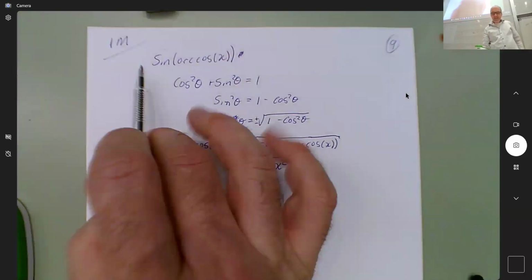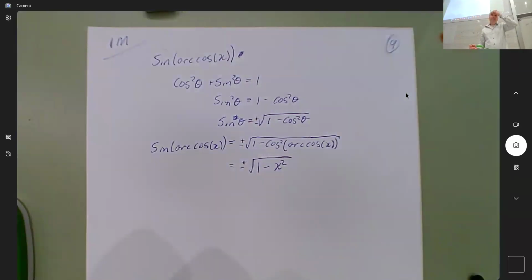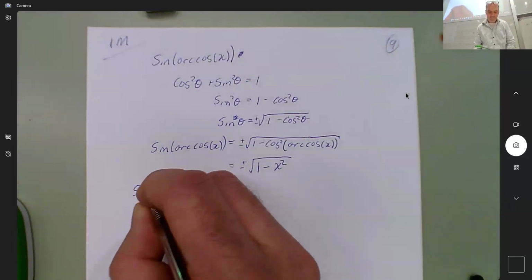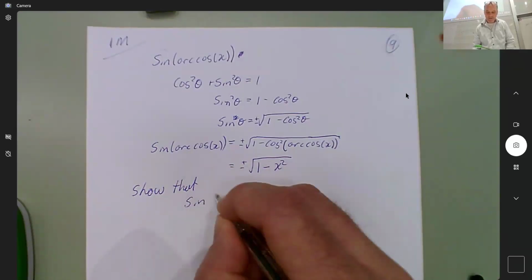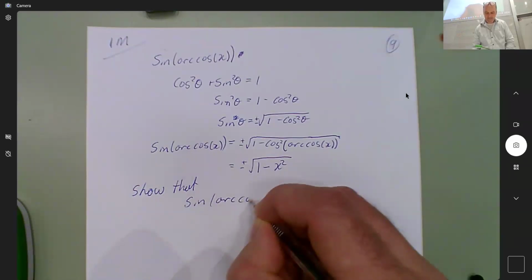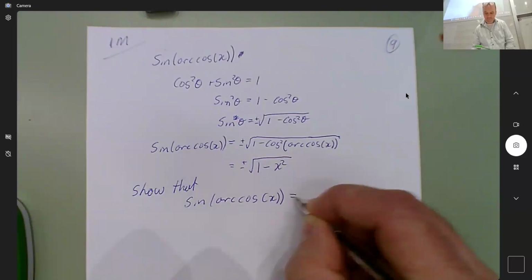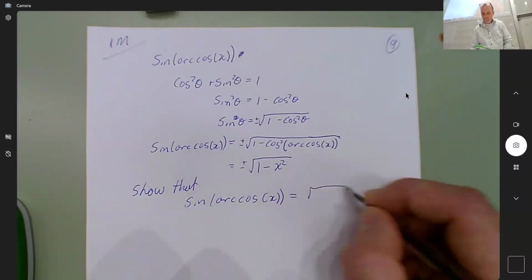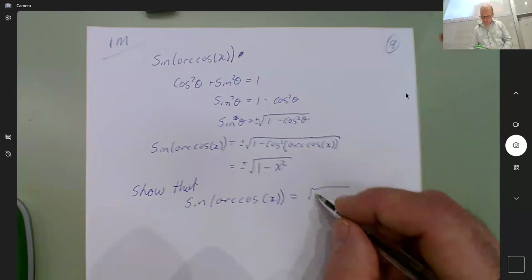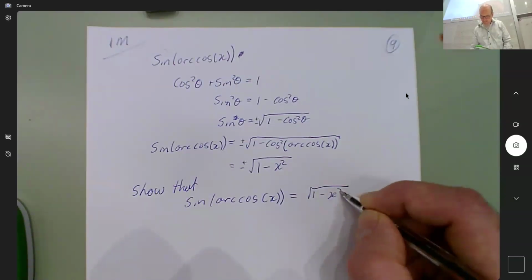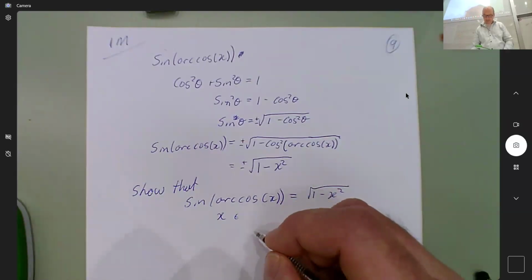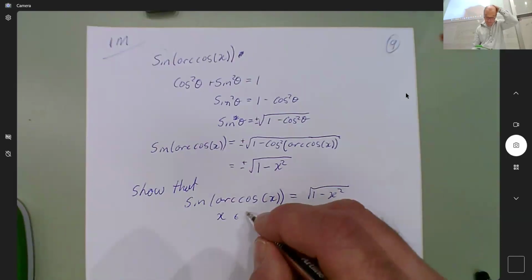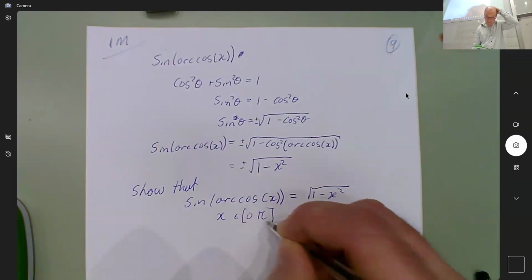And so this thing has an expression. I know what they do. They usually do a question that says, show that sine of arccos of x is equal to the square root of 1 minus x squared. x would be in, I don't know, 0 to pi, something like that.